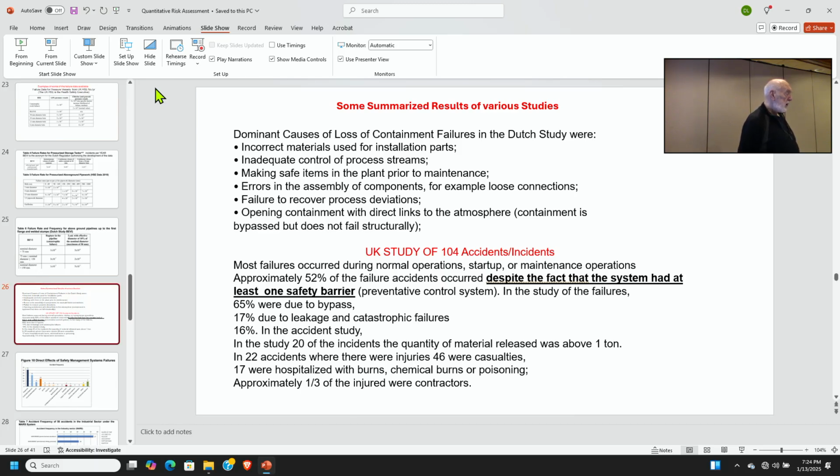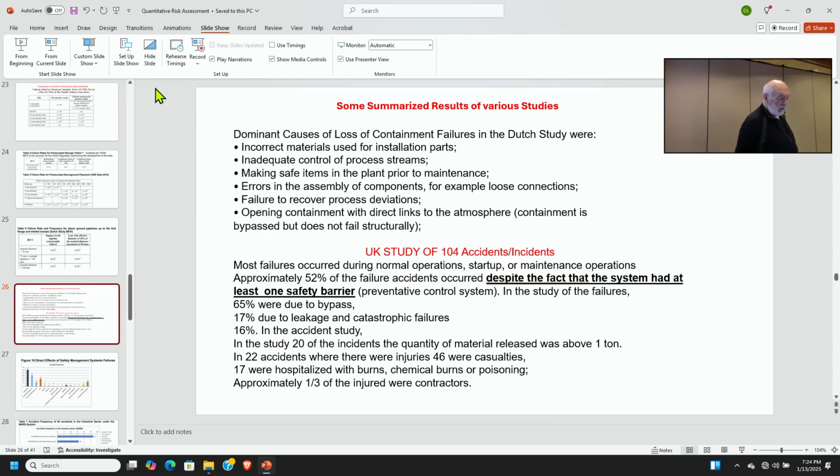That safety barrier could have been a fail-safe, a pressure relief valve, it could have been an electronic component or whatever. But 65% of the failures were due to bypass, 17% due to leakage and catastrophic failures, 16% in the accident study.